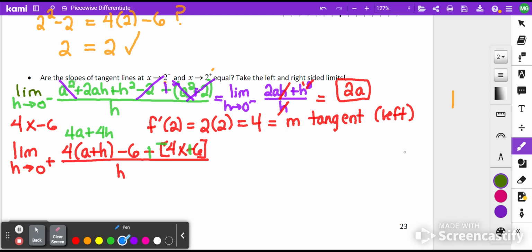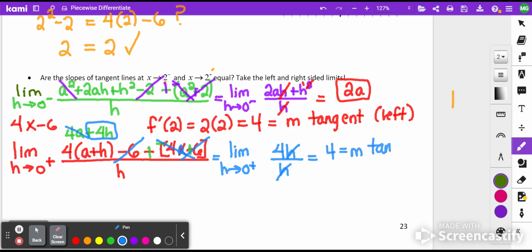And if you take a look, of course, our positive 6 and our negative 6 cancel out. Oh, it looks like I made this one an x by accident. Negative 4a and positive 4a cancel out. So we are left with the limit as h approaches 0 from the right, the right-sided limit of 4h. That's it. Everything else canceled out. Over h, of course, these reduce, and we're left with 4, which is the slope of the tangent line from the right.